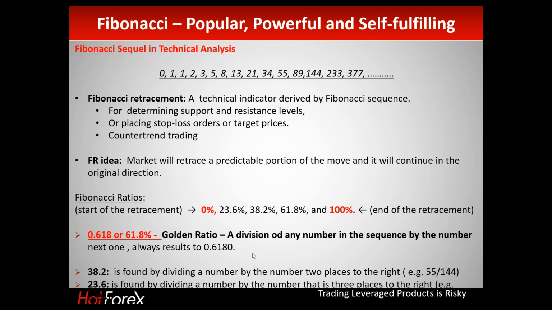The most important out of all these numbers that we can see in the Fibonacci retracement is the 61.8. This is the most important key Fibonacci ratio. This percentage is also known by many names: the golden ratio, the golden mean, PHI, the divine proportion, etc. Why so important?